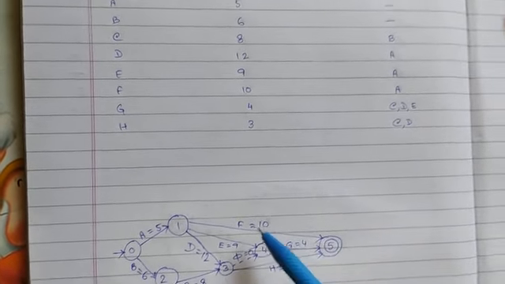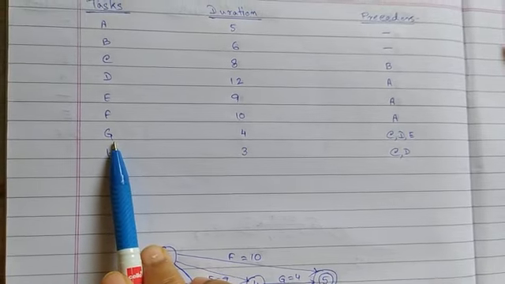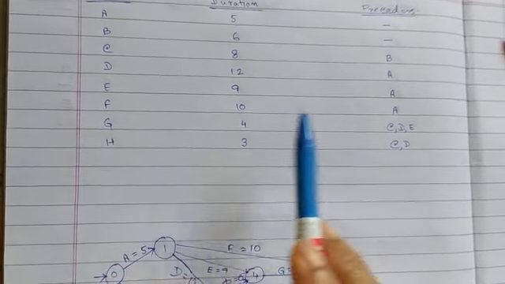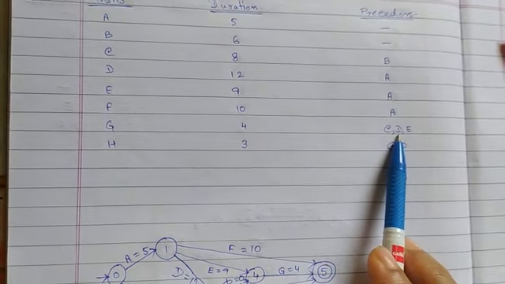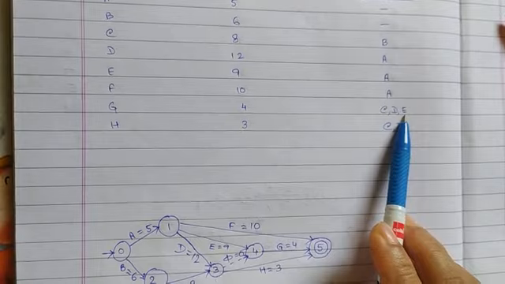Clear? After F, G is the next task, which will execute from the state where C, D and E simultaneously end.